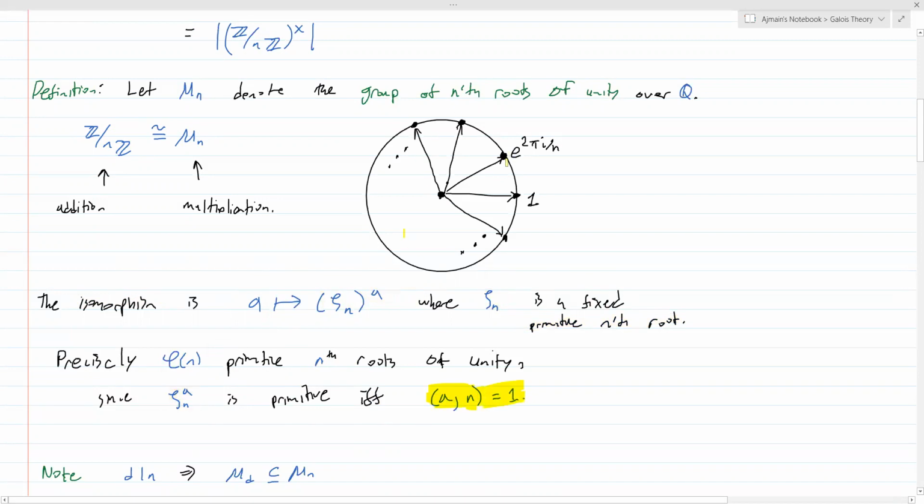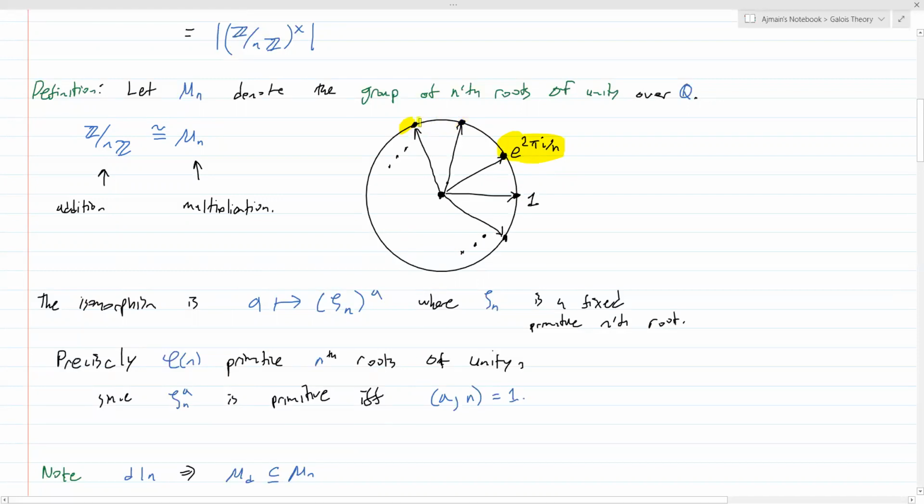If you think about it, say this is your fixed primitive nth root of unity, e to the 2 pi i over n. Notice that when you raise this number to the n, you get 1. Consider any other nth root of unity; it's going to be a power of this primitive nth root of unity.